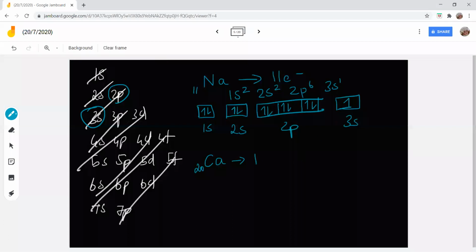In 1s, how many electrons will you put? 2 electrons. Good. Then after 1s, which orbital gets filled? 2s. In 2s, how many electrons? 2 electrons. Good. Next.